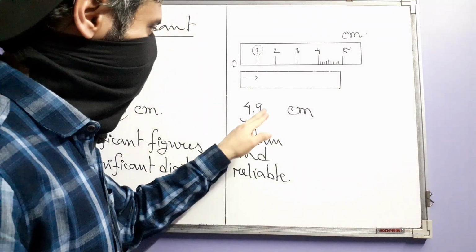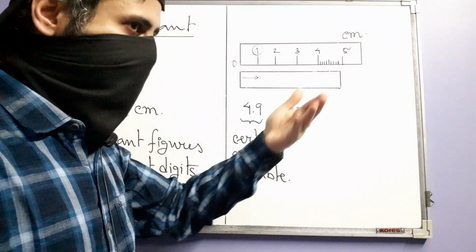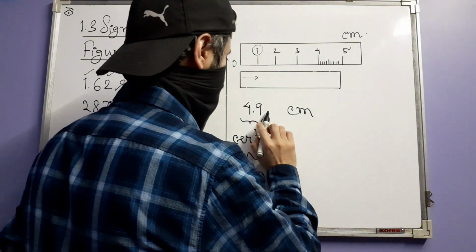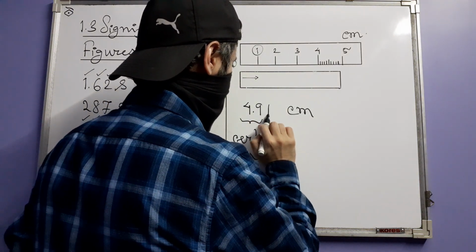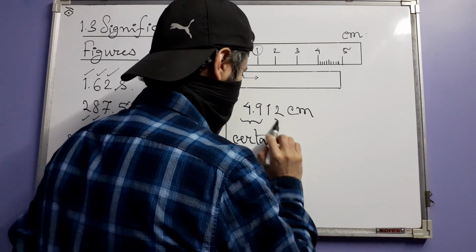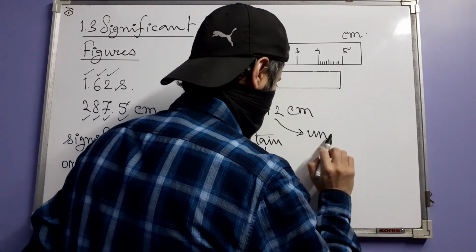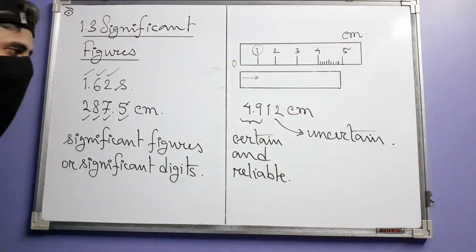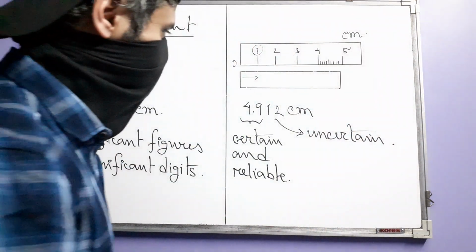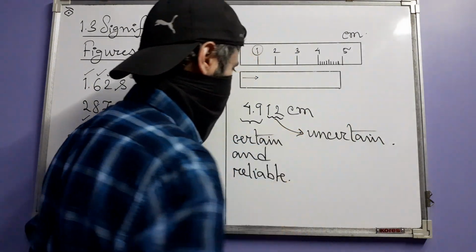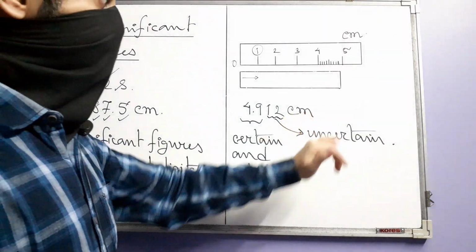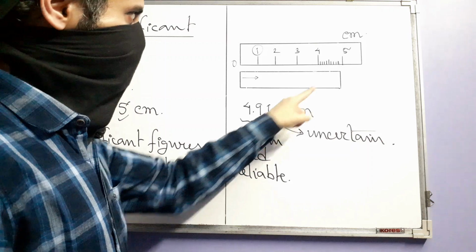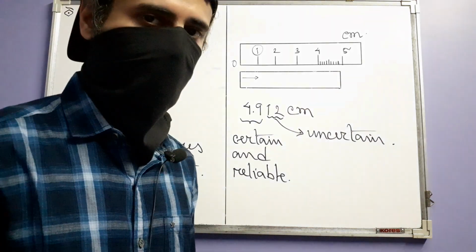So the next digit or whatever digits I may come up with from my imagination after this will not be certain. These will be uncertain or unreliable digits. This 1 and 2. I may actually include more digits. However, the more digits I include, the less I can justify myself.